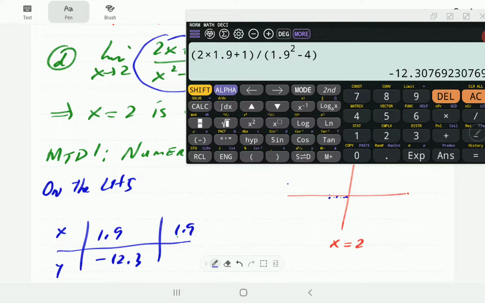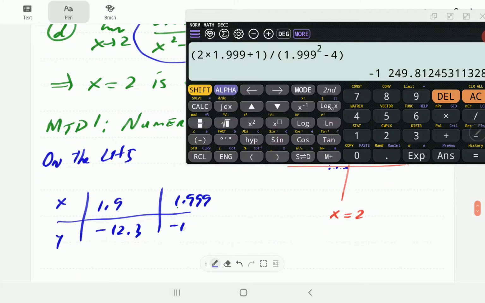Then we're going to go to 1.99, let's say 3 9s, so I'm just going to add 2 9s here. Okay, that gives us negative 1249.